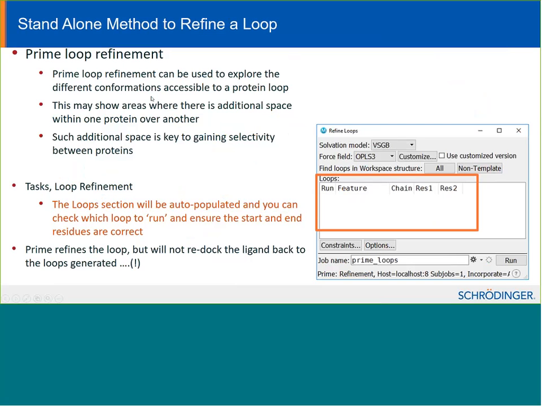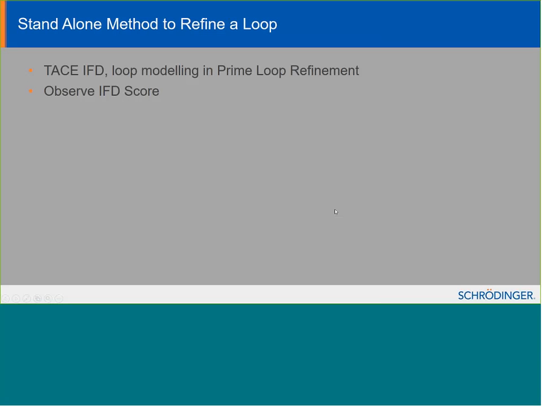You simply put the protein into the workspace, use Prime refine loops, find loops in the workspace structure all, and then decide which loop it is that you want to sample. So this auto-populates all of the table here, and then you can just pick the one that you want and edit the output.